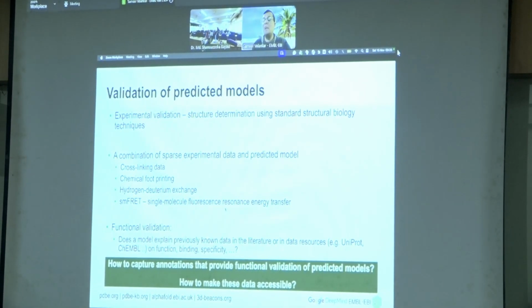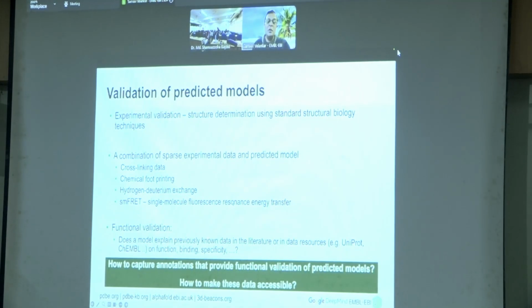So, for example, if you have a mutation data, or you know that certain residue, when it is changed, it disrupts the function or structure or something like that, you can look at the prediction and ask that question: can I actually derive the same conclusion if I look at this structure?